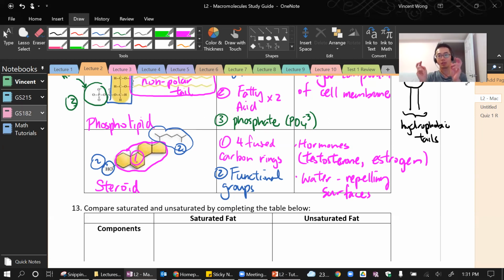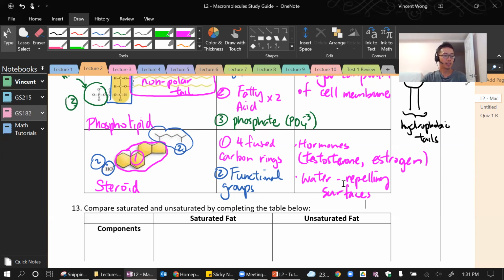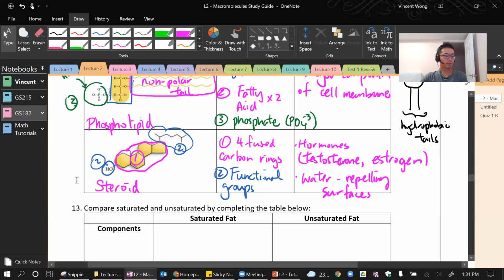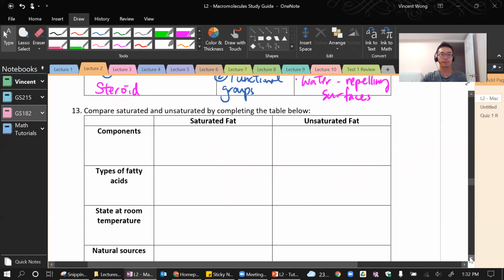That's steroid, right? Okay, but not all steroids are related to those kinds of steroids. The chemical definition of steroids is something that has these structures, right? So wax is an example of a steroid as well. Okay, that's it. Let's move on to saturated and unsaturated fat.